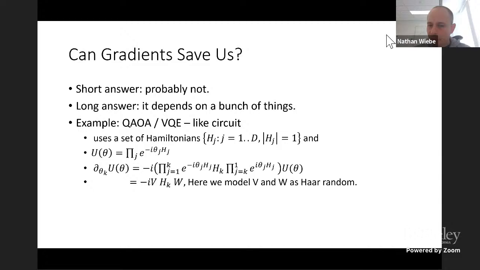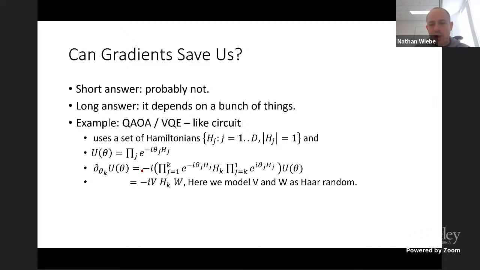Just by using the product rule, we get the following expression for the derivative, which basically looks like the Hamiltonian corresponding to the parameter we're differentiating with respect to, conjugated by a bunch of those unitaries over here.